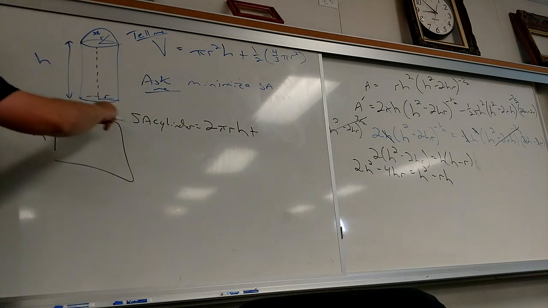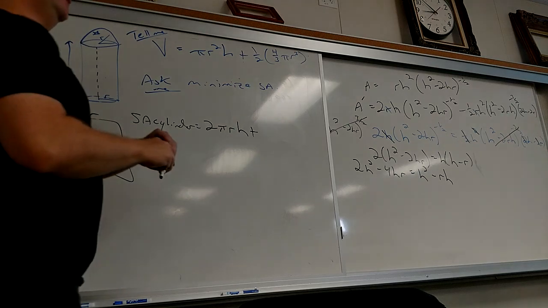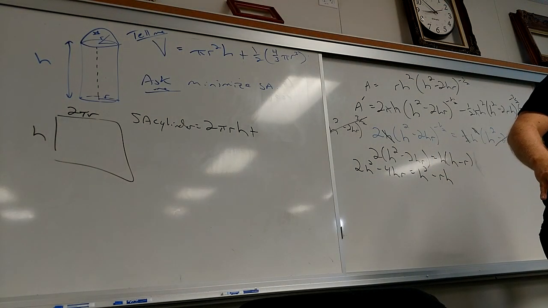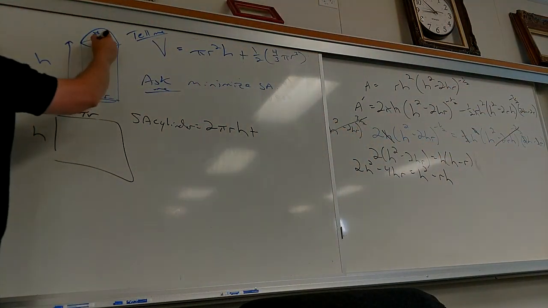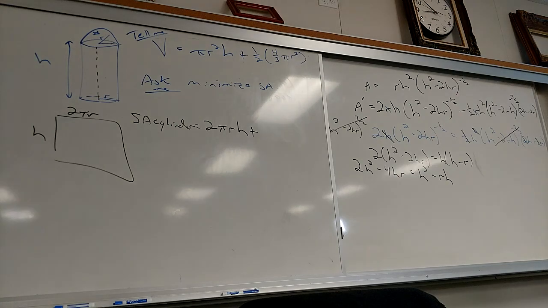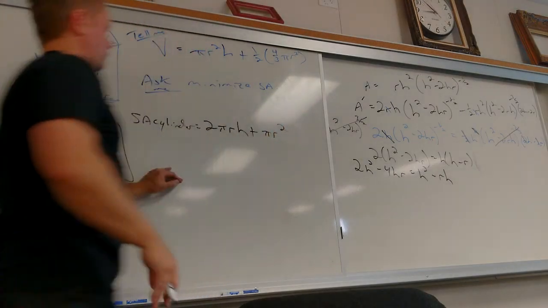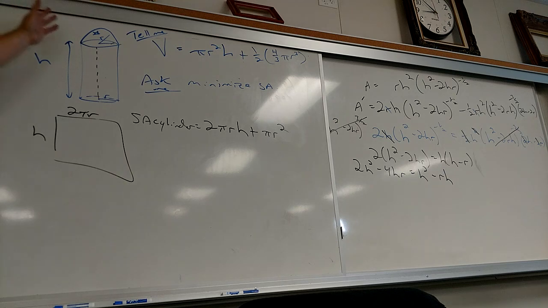plus this one side. This other side, I don't know, did they say? We're going to have to assume that it wouldn't make any sense for this to actually have metal here. Why would they put the lid on? So it's going to be plus the bottom, which is, of course, pi r squared. And what's the surface area of the sphere?